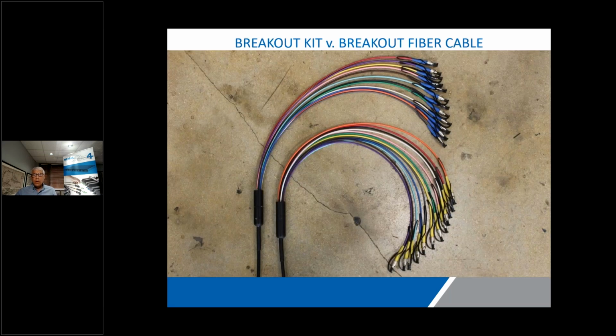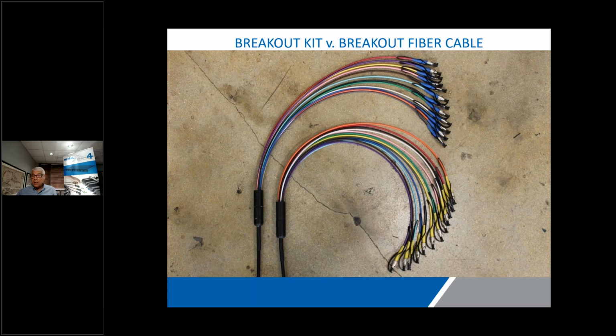Number one, we can install a breakout kit at each point we want to terminate this, and the breakout kit consists of different colored tubings, and they typically have Kevlar inside, so we're sleeving those tubings over each one of the fibers, and then we're able to crimp or terminate a connector easily to each one of these and also use it in a fairly harsh environment. So breakout kit is number one.